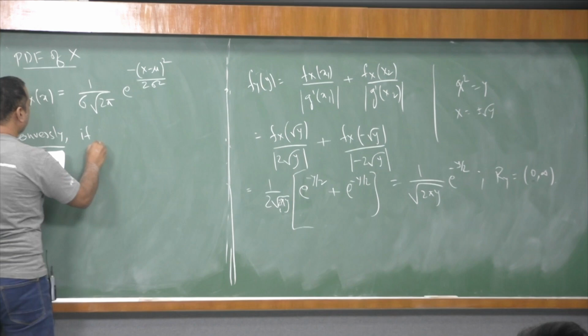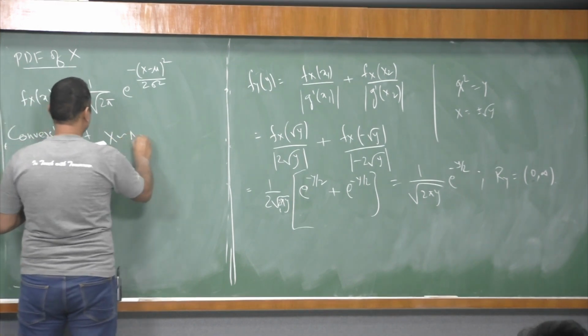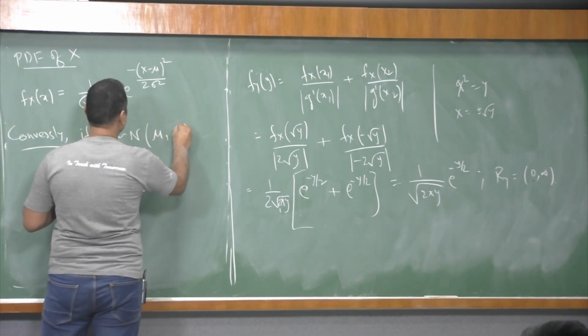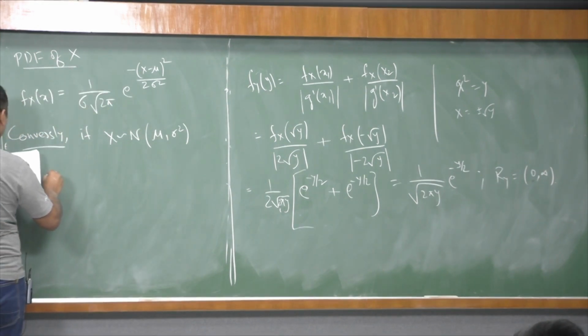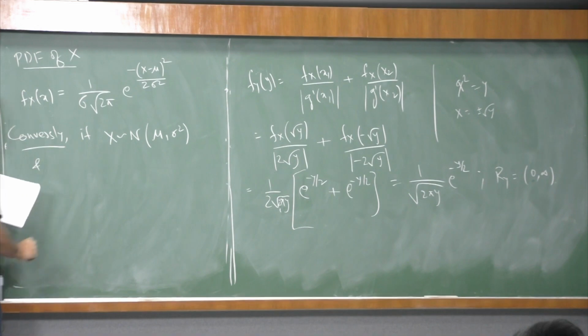if x is normal with mu and sigma squared, then we know that x must have come from some transformation of the standard normal, right?